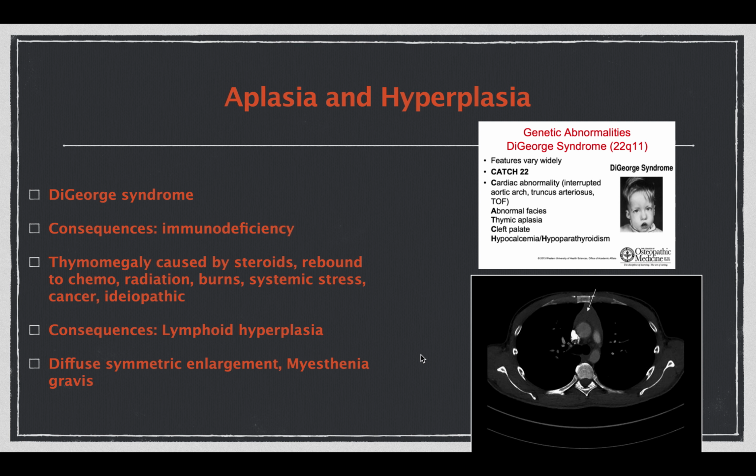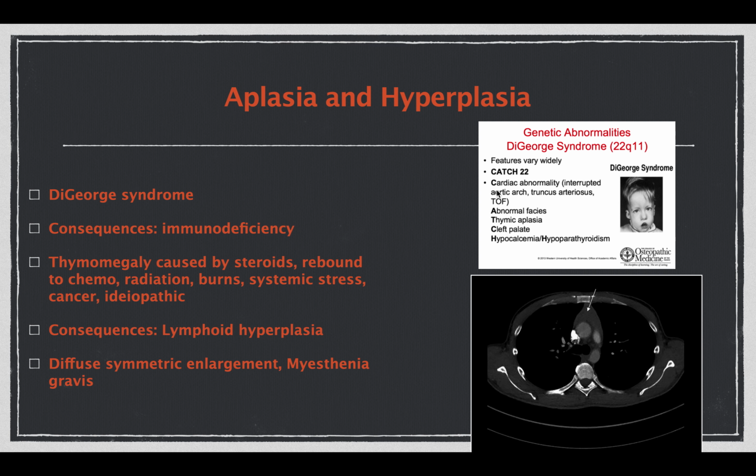Okay, so DiGeorge syndrome, if you recall from other lectures, is one of the syndromes, genetic abnormalities that results in aplasia of the thymus. So you remember this by this mnemonic, CATCH-22.